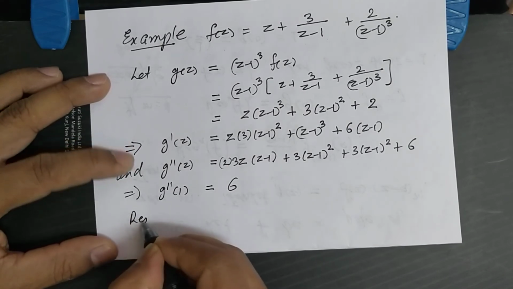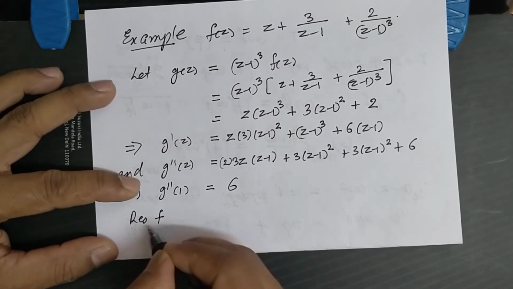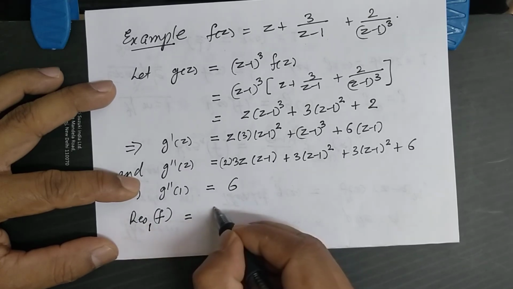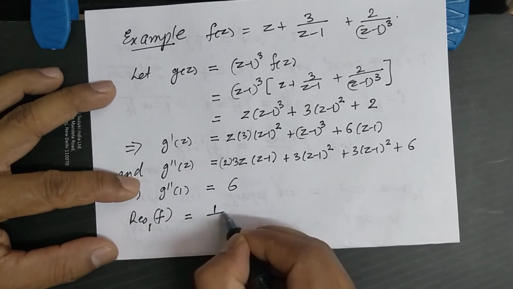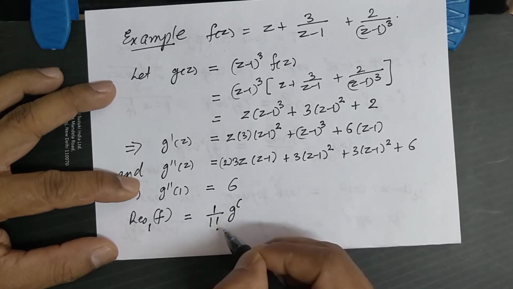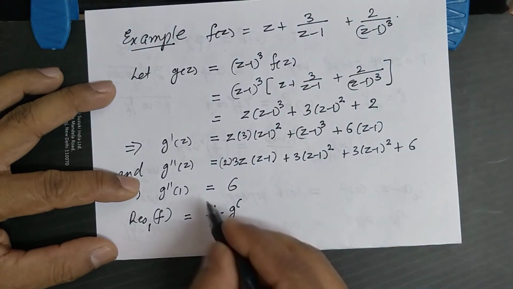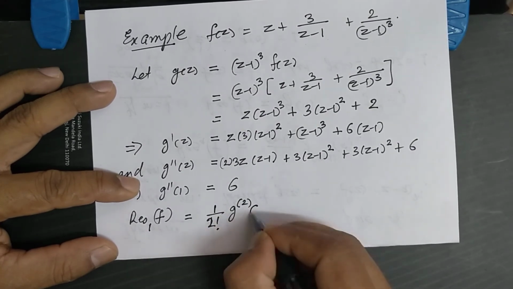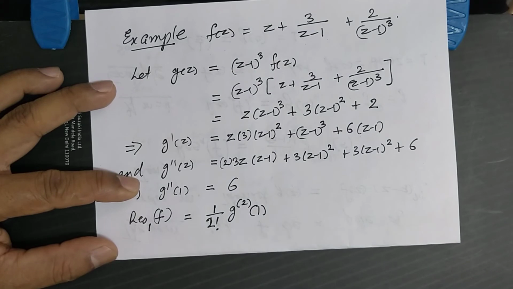So what is the residue of f at 1? It is 1 upon 2 factorial, since it's a pole of order 3, times the second derivative of g at 1.